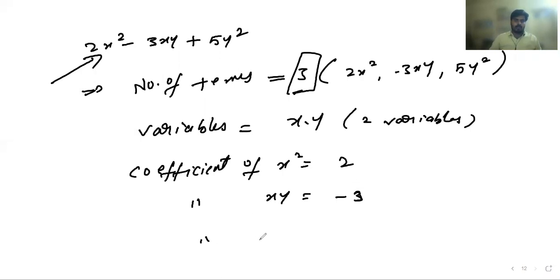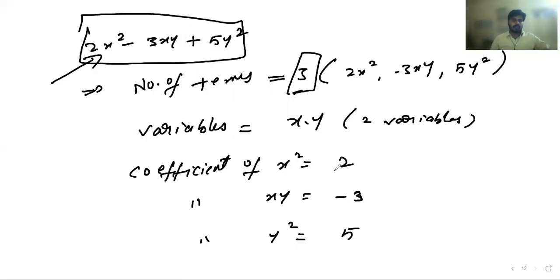The coefficient of y square is 5. So the coefficient of x square is 2, the coefficient of xy is minus 3, and the coefficient of y square is 5.